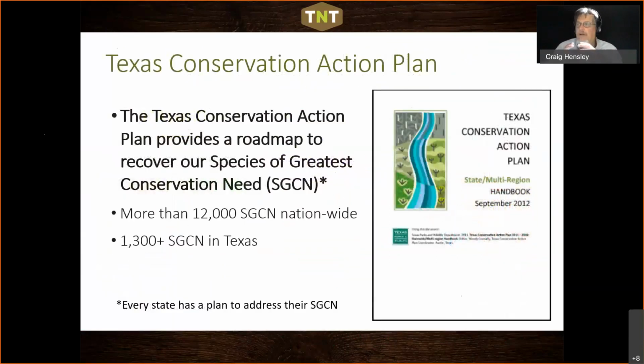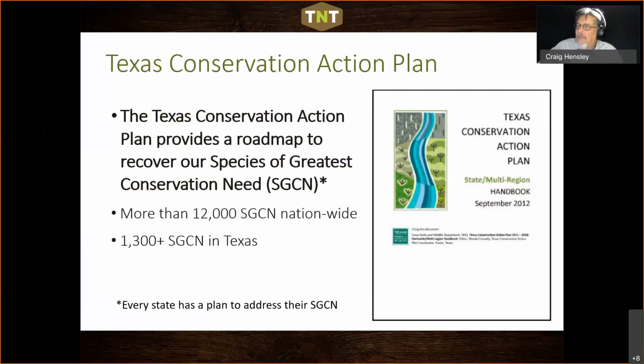This is all part of the requirement for every state in the country to have what's known as a conservation action plan. Ours is the Texas Conservation Action Plan. We get federal dollars. This is a requirement. Nationwide, there are more than 12,000 SGCNs, or species of greatest conservation need. In Texas right now, we have more than 1,300 species. In order for us to really do good conservation, we need to know what's going on with all species, of course.